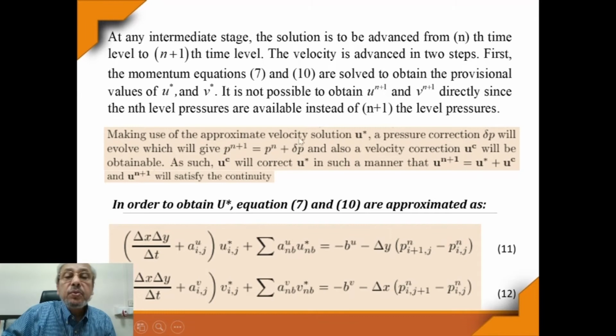So making use of approximate velocity solution u star, this is u vector star, that means u and v, both are addressed by this.